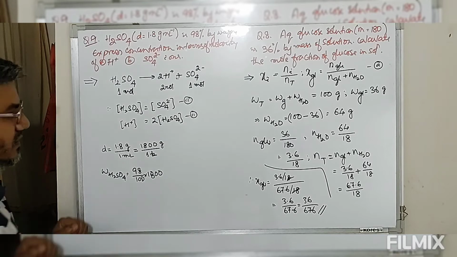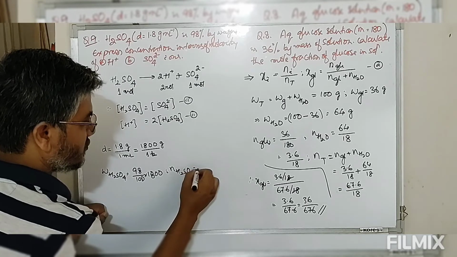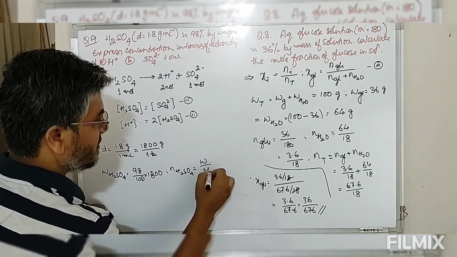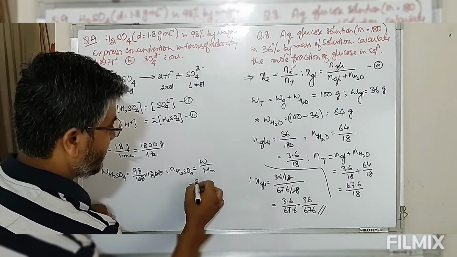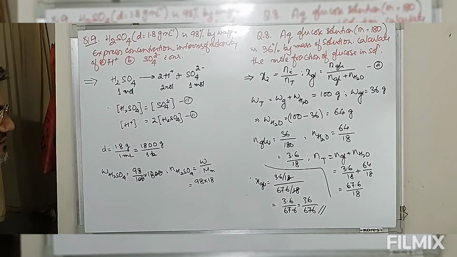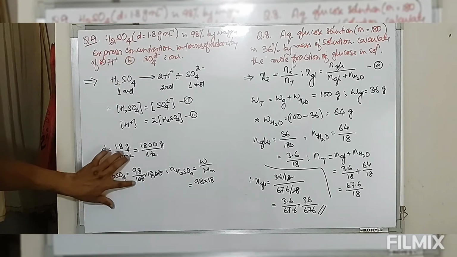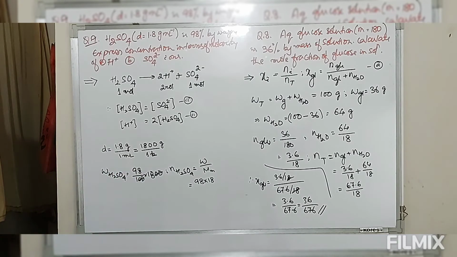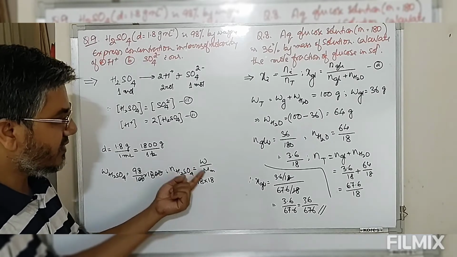Since this is the mass of sulfuric acid, we can define the number of moles of sulfuric acid. So number of moles of sulfuric acid is mass divided by molar mass. So mass is 98% of the total mass, so we have 98 into 18 gram. Now this mass is converted into number of moles. So number of moles is mass divided by molar mass.